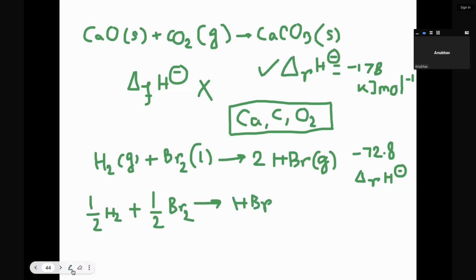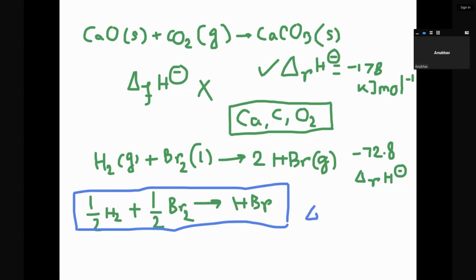Now here you can say, yes sir, in this case 1 mole of HBr is formed, and that we may term as the delta FH minus. So one thing is very clear here, that del RH minus is just the double of the delta FH minus. So delta FH minus will be minus 36.4 kilojoule per mole.